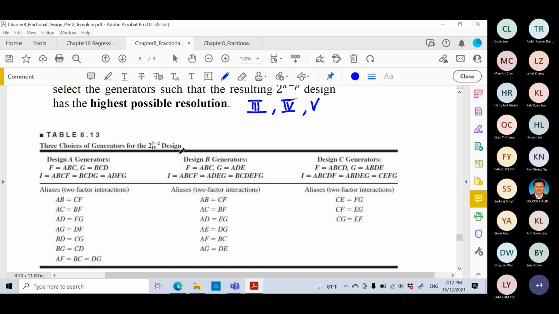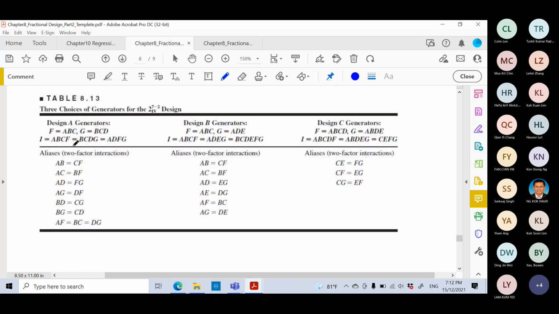So you can check it out over here. In the alias structures, the two-factor interactions will be aliased with each other. If you observe up to here, I equal to ABCF, BCDG and so on.